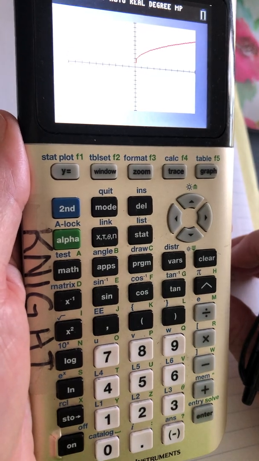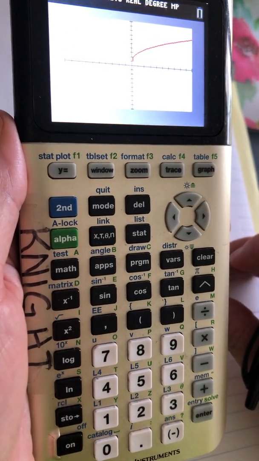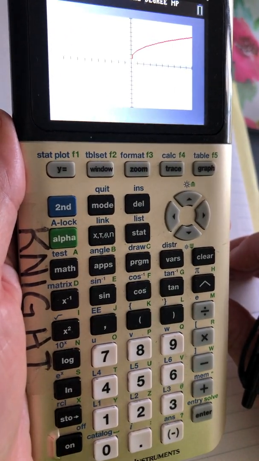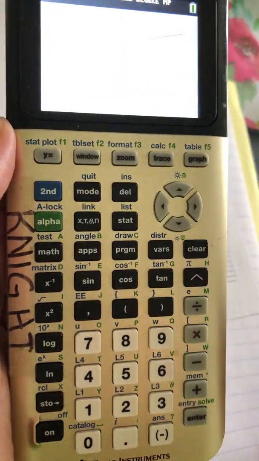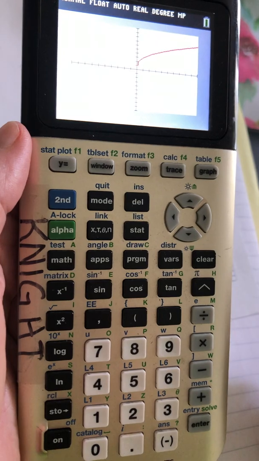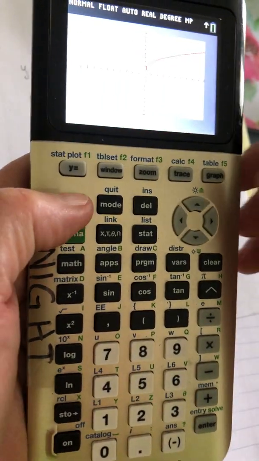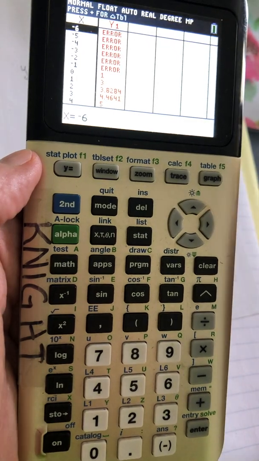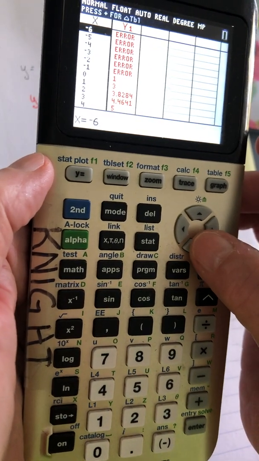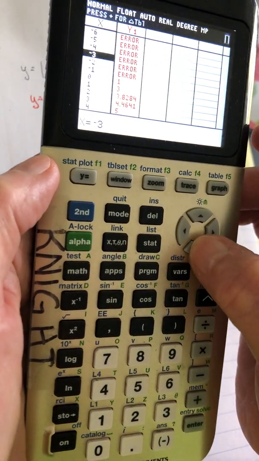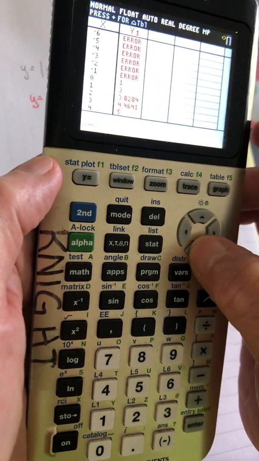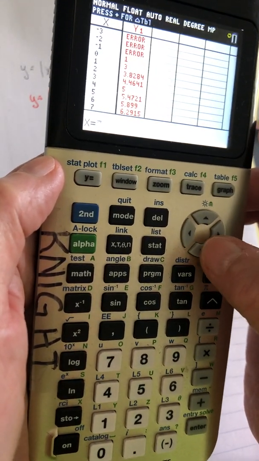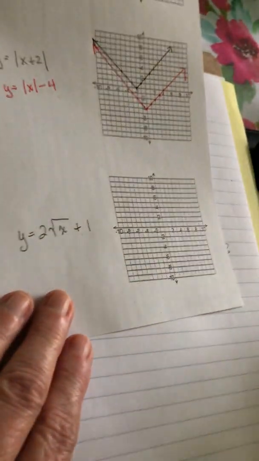Okay, and a square root curve is very short, and it's almost like a straight line. Okay, so now notice it's only in quadrant 1. Okay, so when I look at my table, I see all these errors because you can't do the square root of a negative number. Okay, so I don't have to graph any of those, but I'm going to look for the pretty ones. Okay, so I've got 0, 1.